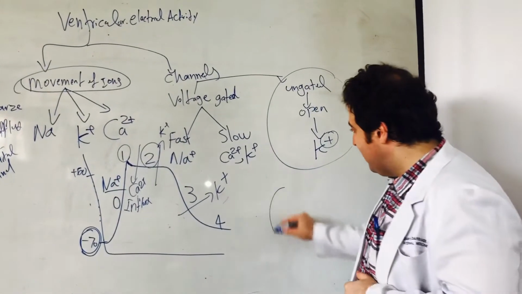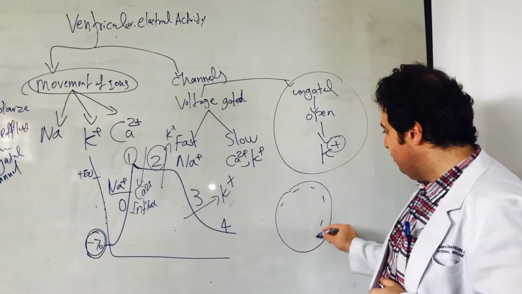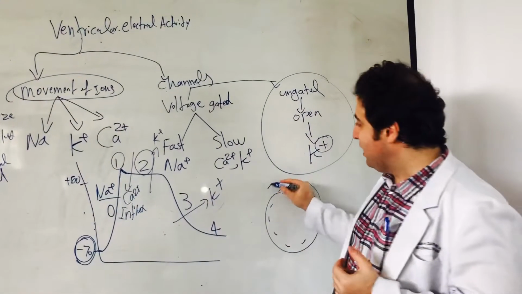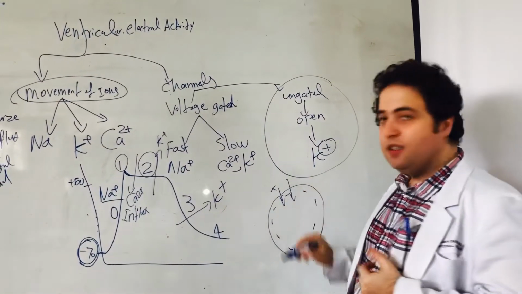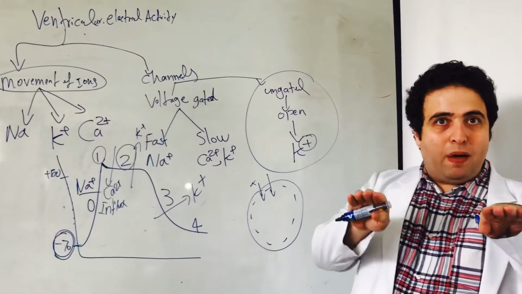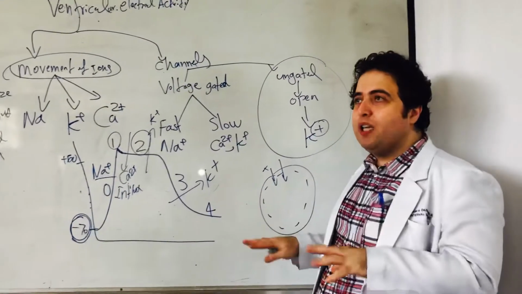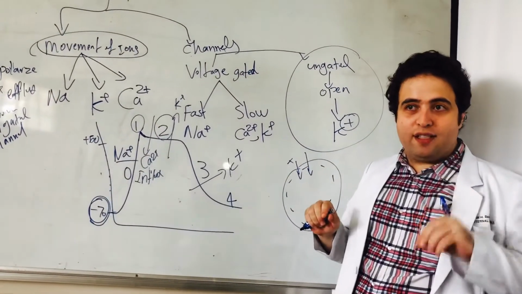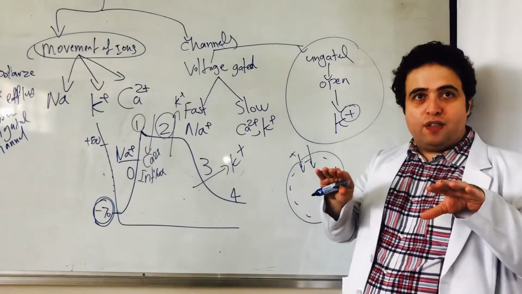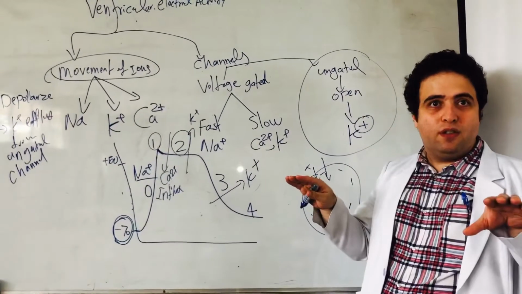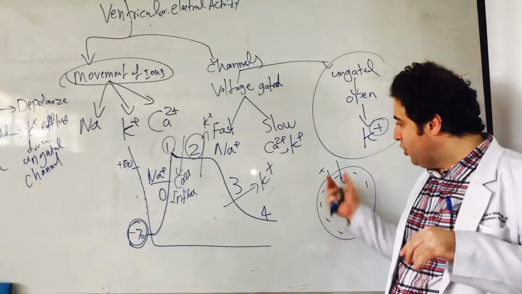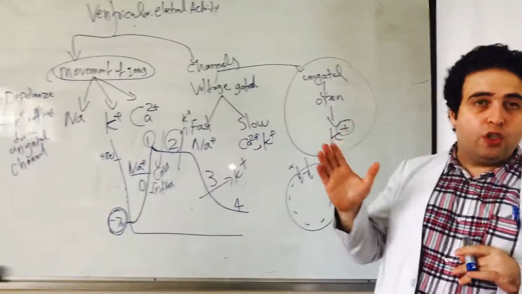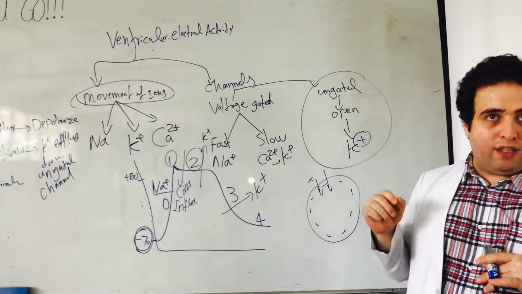When inside the cell becomes too negative, the negatively charged cell will attract the positive inside. So it will make the balance. The cell will know that I have negative 90 already if it's my cardiac cell. So I need to bring my resting membrane down. So negatively charged will attract the positive, and also don't forget the important role of sodium-potassium ATPase.